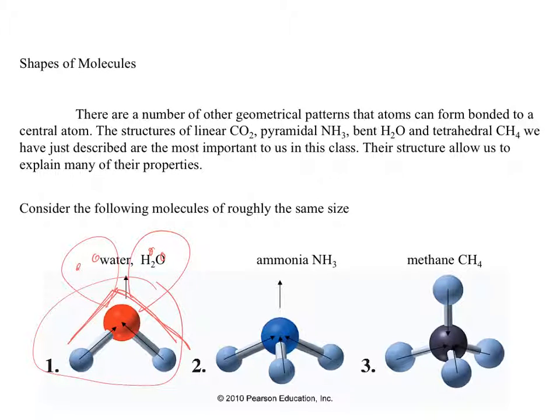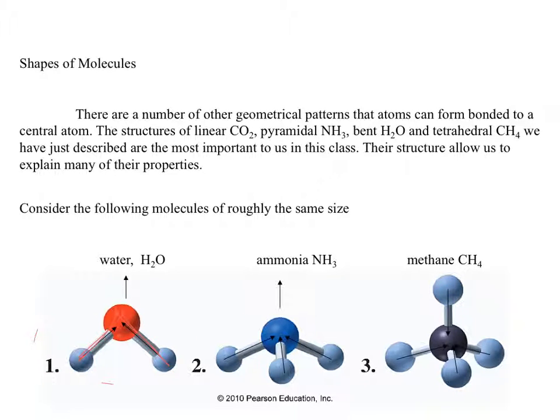So with respect to the electrons, being the electrons in the bonds and the electron lone pairs, this is tetrahedral with respect to all the electrons. But when we think about it just in terms of the atoms, this is, whoops, you guys probably can't see that very well. This is a bent shape with respect to the atoms, or what we call the molecular geometry.